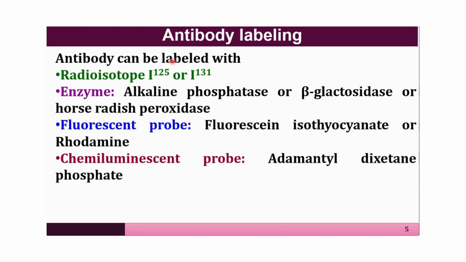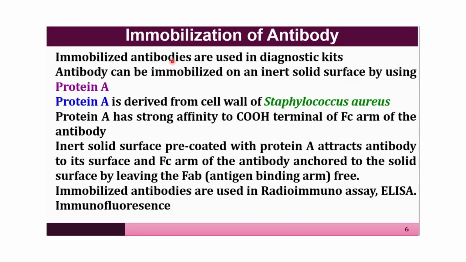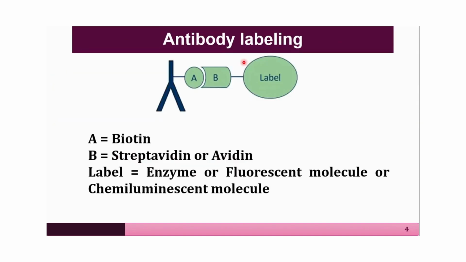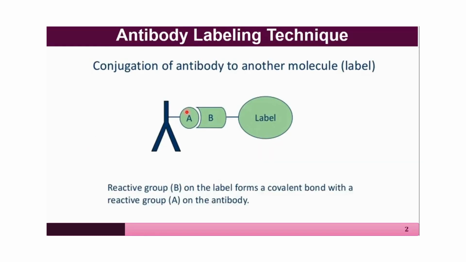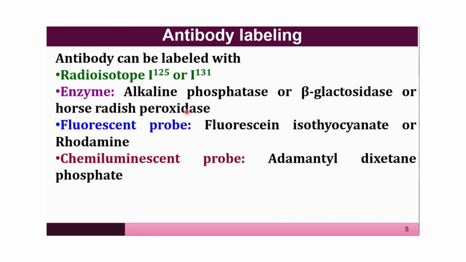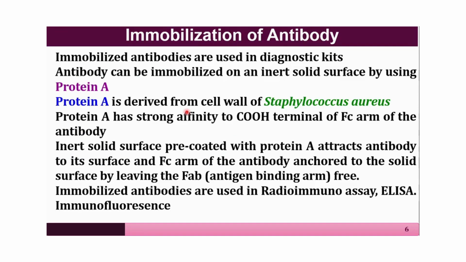Therefore, the antibody binds to the inert surface with its FC arm, due to its affinity to the protein A, which is readily coated on the inert solid surface, in such a manner that the anchored antibody will have its FAB arms free to readily bind to the antigen that is added for the detection.